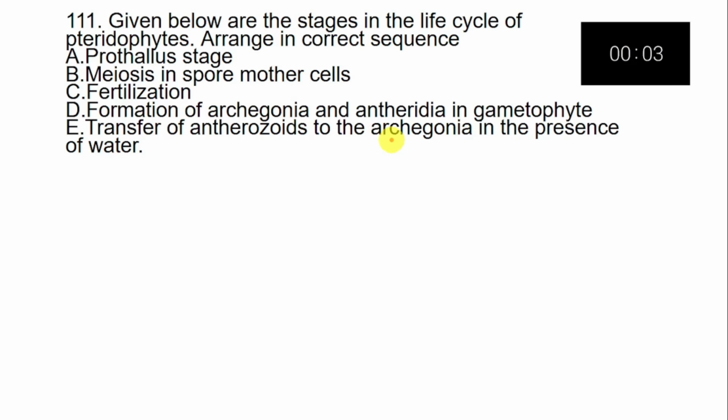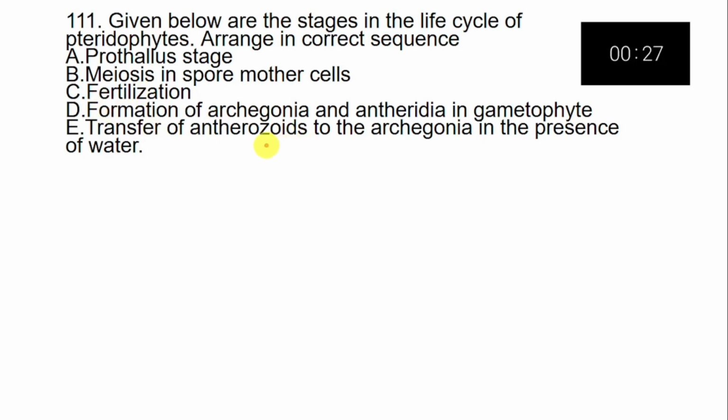Given below are stages in the life cycle of pteridophyte, arranged in correct sequence. So prothallus, meiosis in spore mother cells, fertilization, formation of archegonia, transfer of antherozoids to archegonia. So we see fertilization here, and then we have pre-fertilization and post-fertilization events.